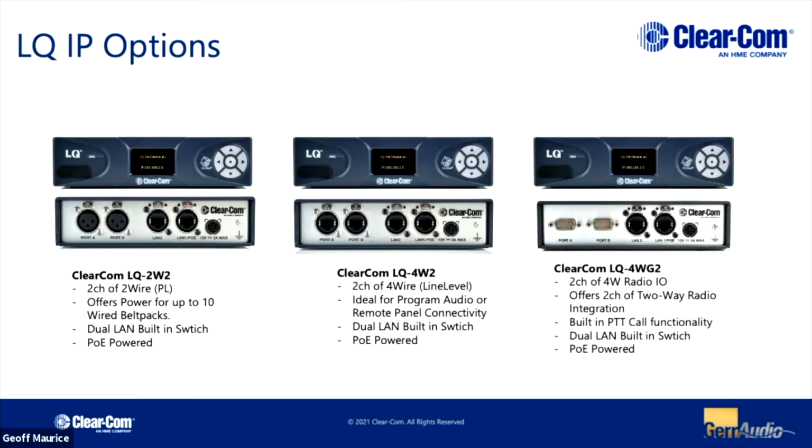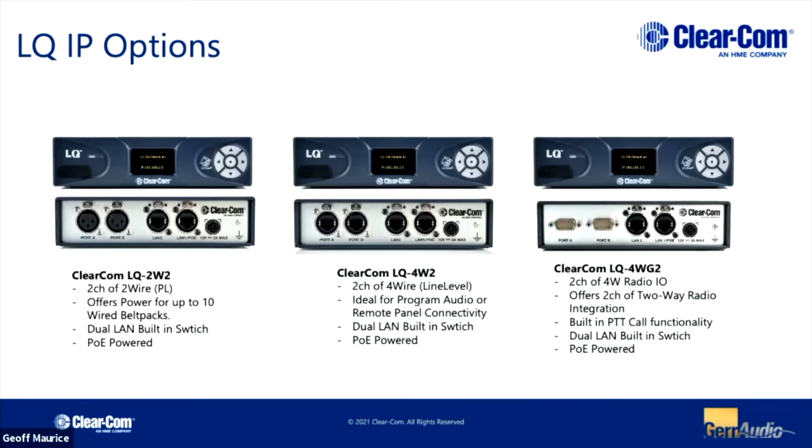And then kind of a newer version of the 4-wire module, but as you'll see with different connectors, this is the 4WG2 model. This is 2 channels of 4-wire on a DB9, but what they've done is they've basically replaced the data connectivity with logic ins and outs.